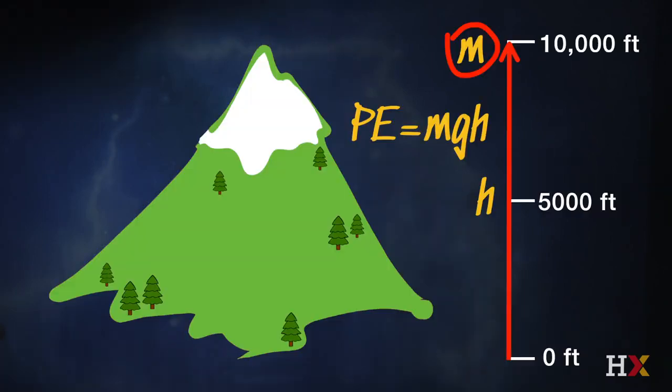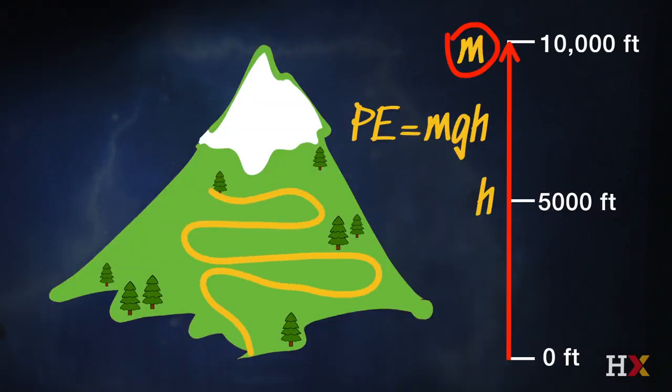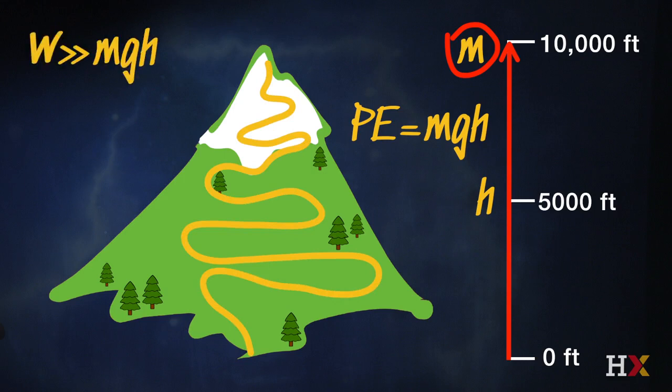However, I could also take that same mass and drag it up a pathway by connecting a rope to it and pulling it up that pathway until I reach the same height. But the work that I had to do was much, much greater than mgh, much greater than the potential energy.